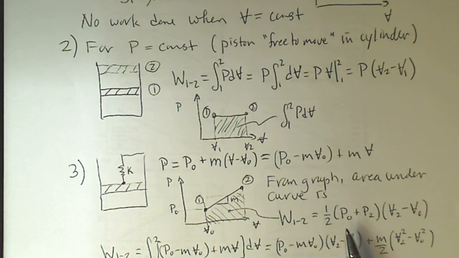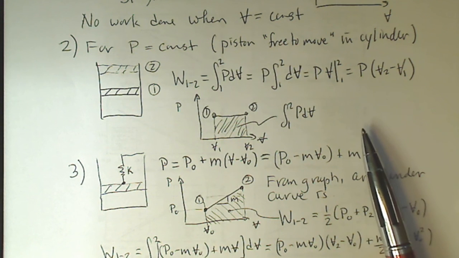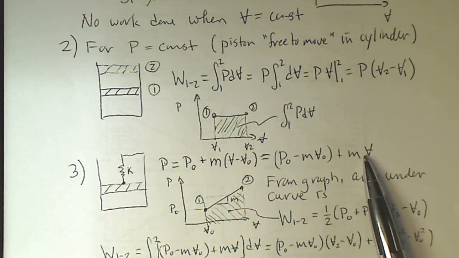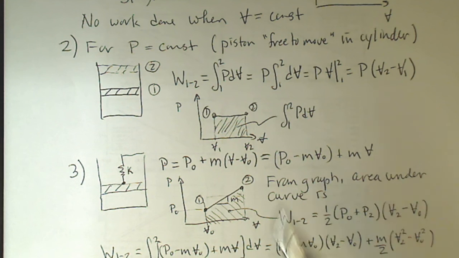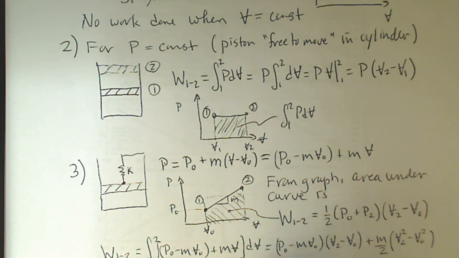And when V is equal to V2, then P is equal to P2. So in other words, P2 is equal to P0 minus MV0 plus MV2 from here.